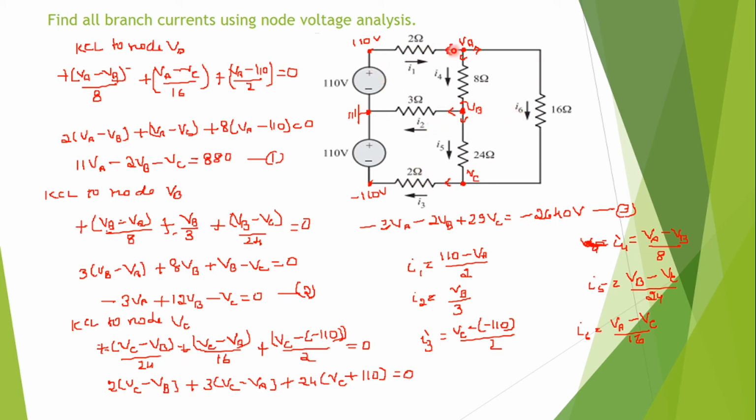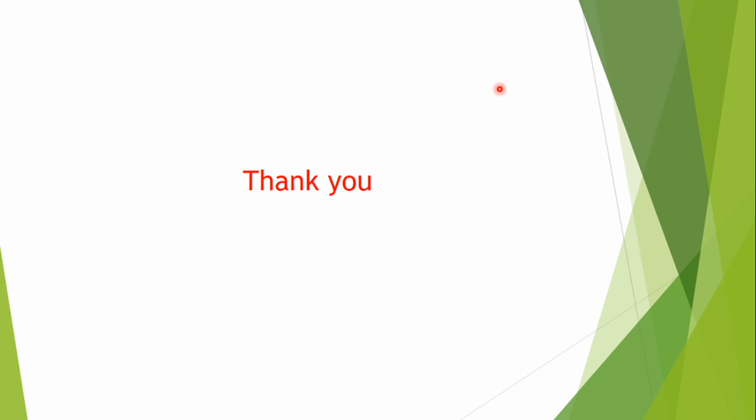First concentrate on the node voltages, identify the nodes and find the node voltages using the normal method, and then express the branch currents in terms of the node voltages and calculate them. In a similar fashion we need to find network parameters using node voltage analysis or mesh current analysis. Thank you.